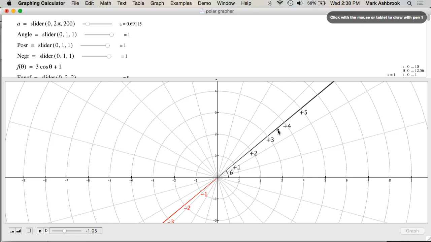When we know that the polar coordinates are r comma theta, we know where that comes from now. Theta swept from the positive x-axis, r distance from the pole. What about the x and y coordinates of that point?